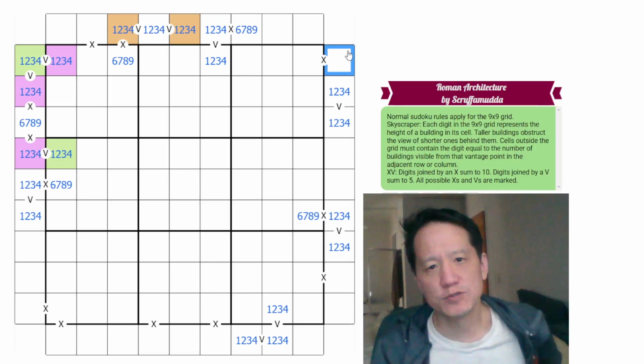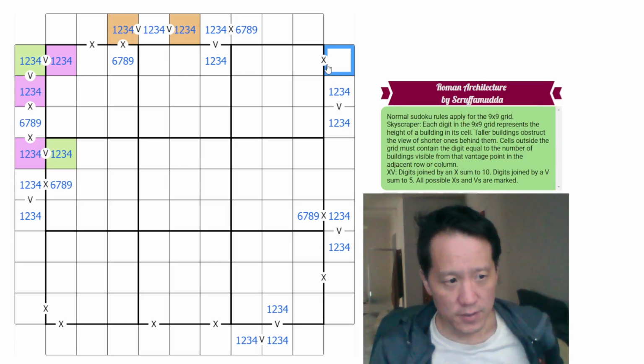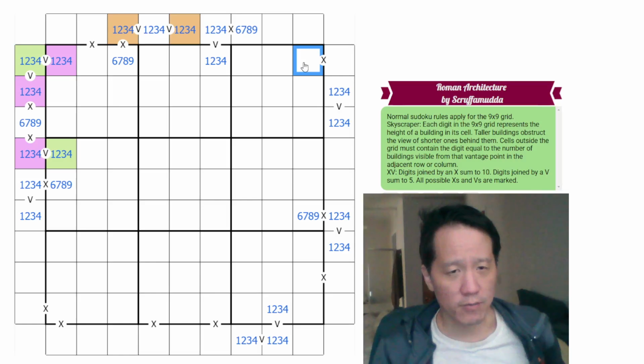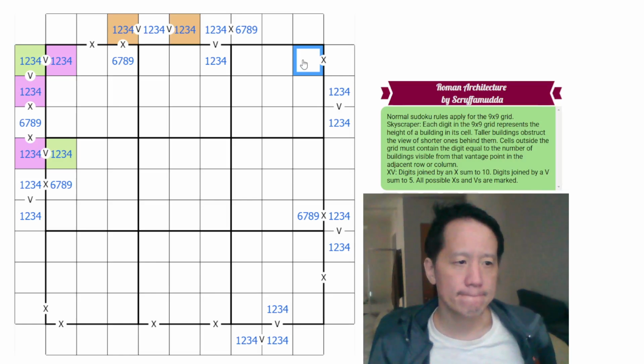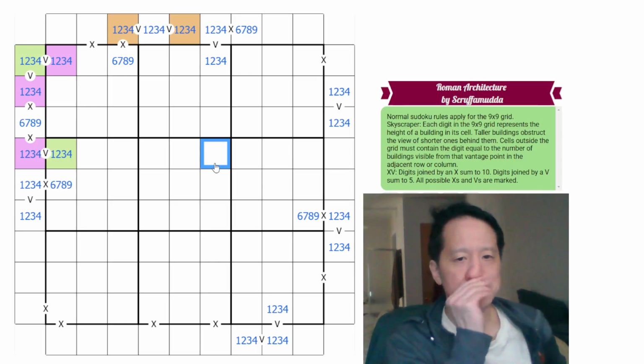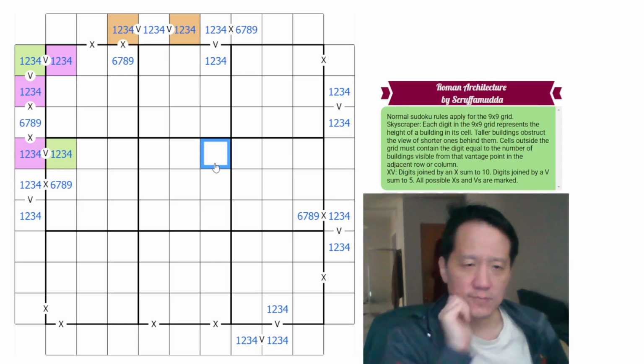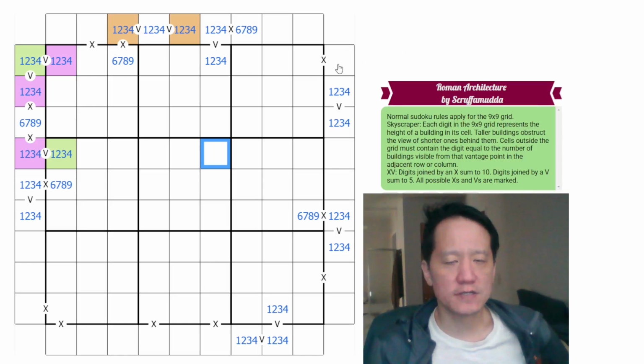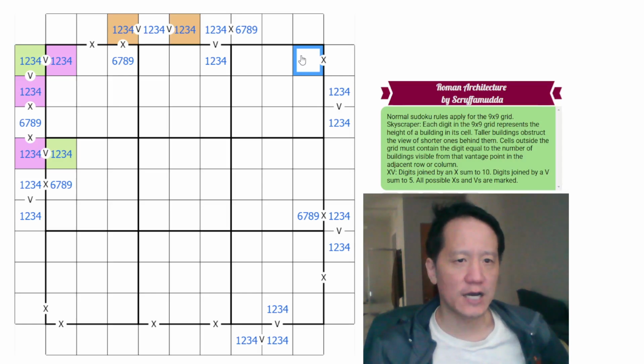So say this was a 6 here, and this would see 1, right? If this is 6 and this is 4, that means you would have to see everything in order. So it would have to be 4, 5, 6, 7, 8, 9, all in order.